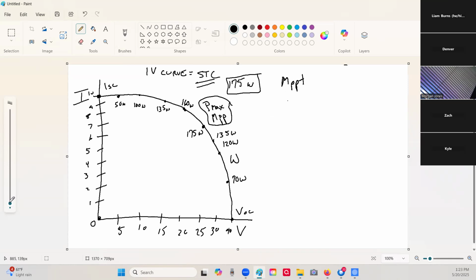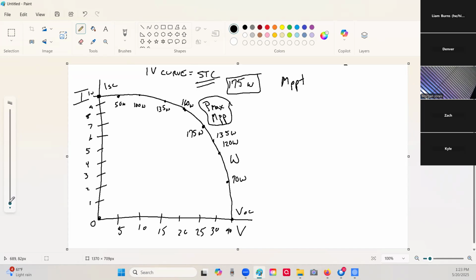It automatically makes sure that panel is producing at the maximum power point. It's like a rheostat. As conditions change, it's going to keep adjusting so that the panel is producing the maximum amount of power it can produce under those circumstances.